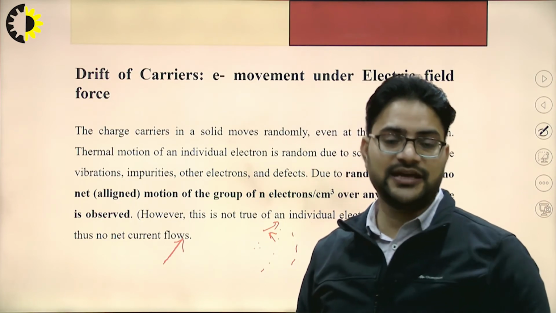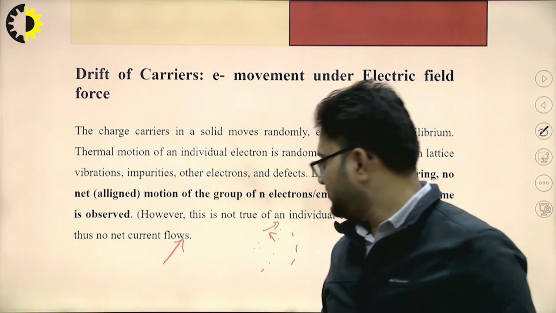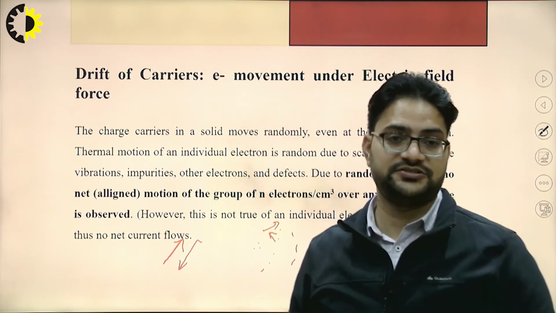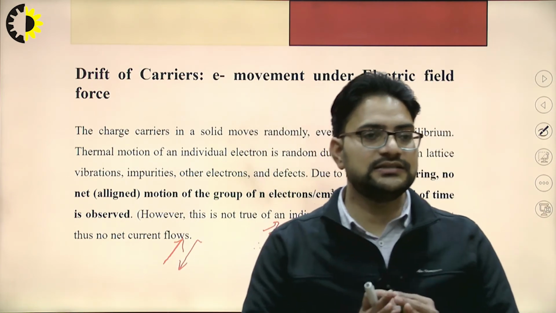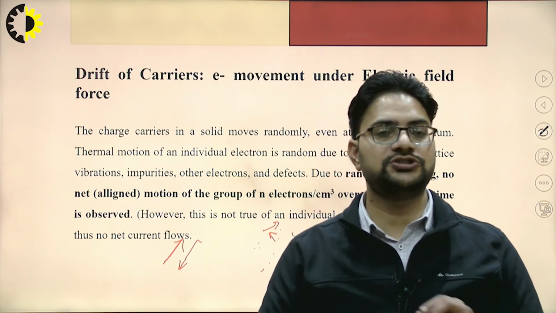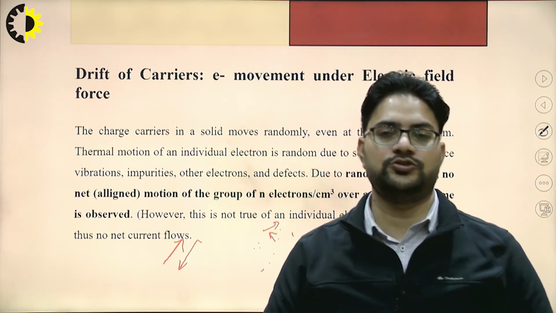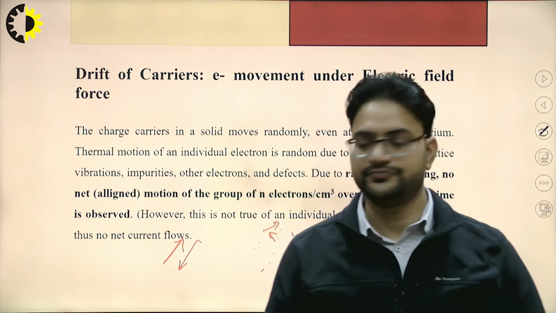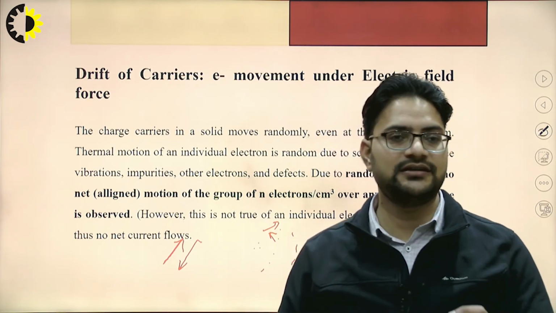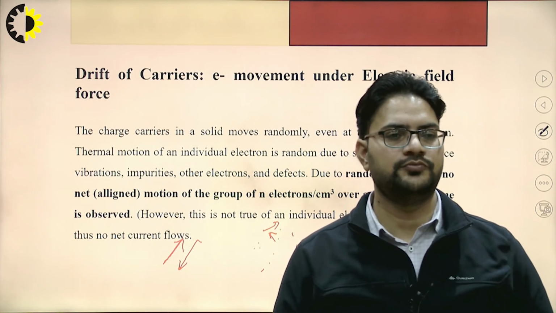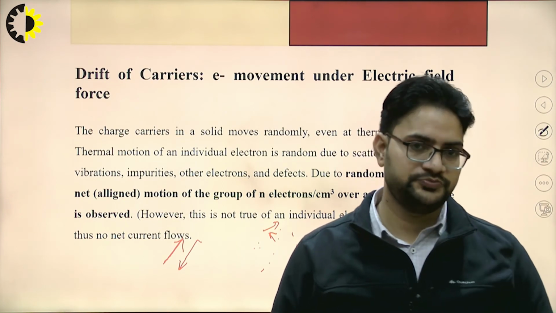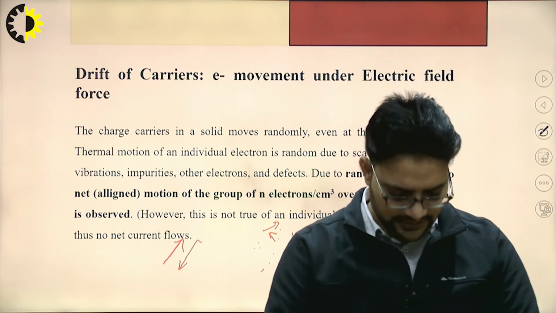Correspondingly, at the same time, another ith electron will be moving in the opposite direction, so that the net motion of the group of n electrons over any period of time, if I observe, will be 0. So net current will be equal to 0 in this case, right?